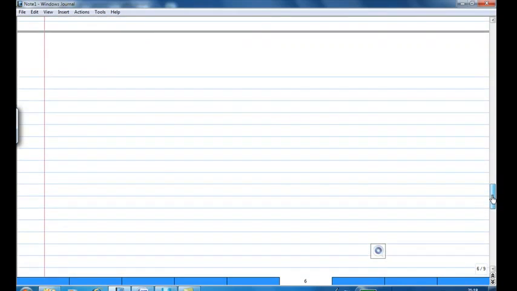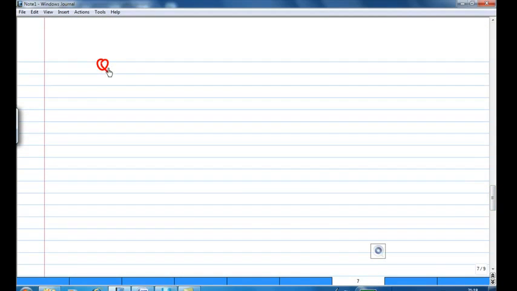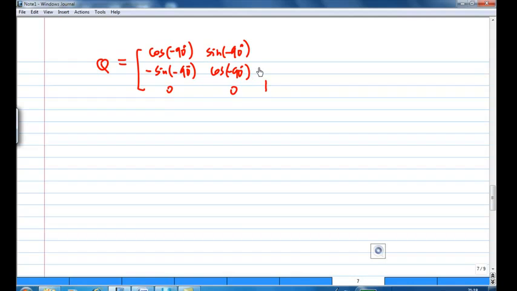First, the matrix of Q, which we found earlier, is cosine minus 90, sine minus 90, 0; minus sine minus 90, cosine minus 90, 0; 0, 0, 1. This is equal to 0, minus 1, 0; 1, 0, 0; 0, 0, 1.